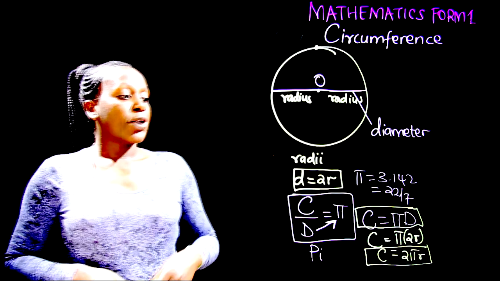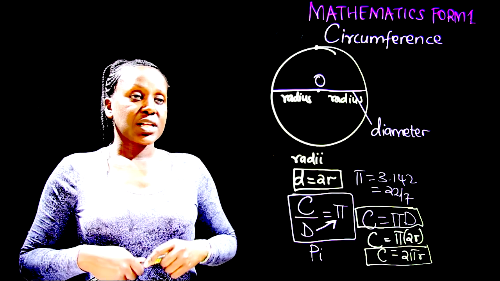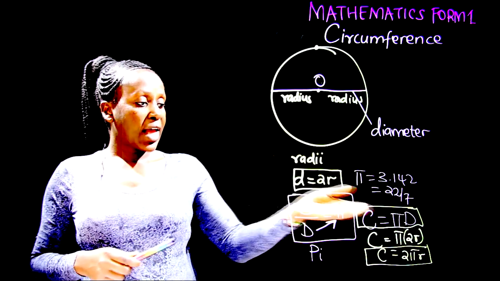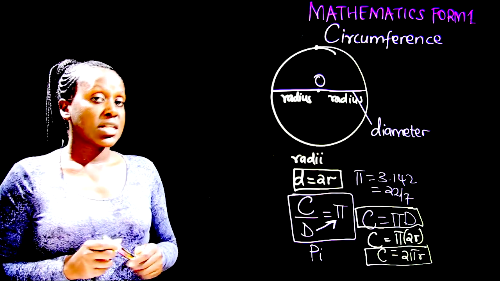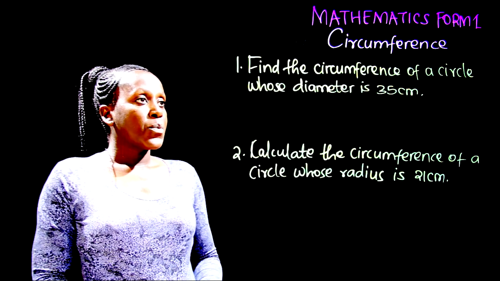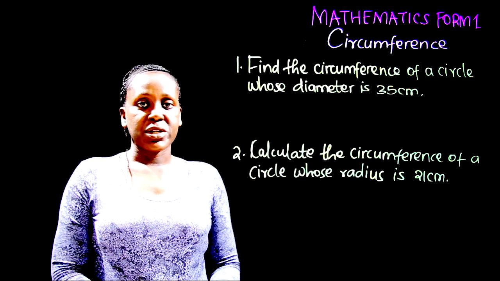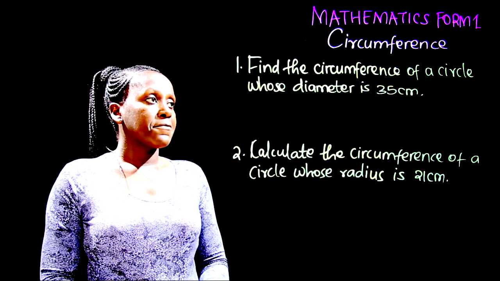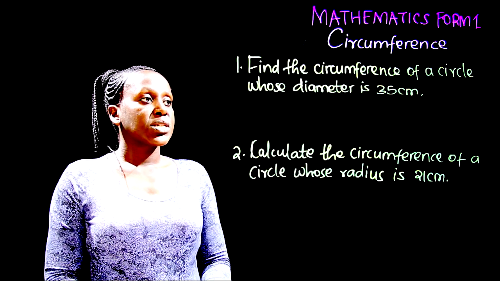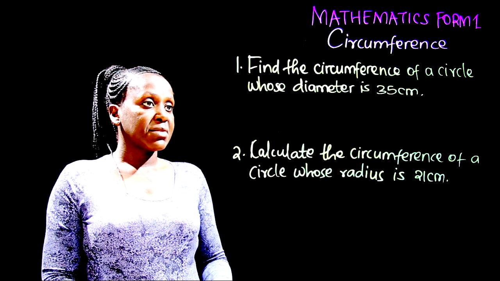So now we are going to do some questions to try and use the formula and calculate the circumference of different circles. We are going to work out these two questions. The first one: find the circumference of a circle whose diameter is 35 centimeters.